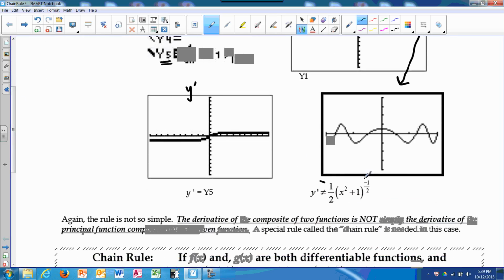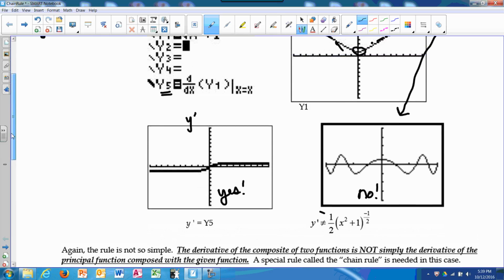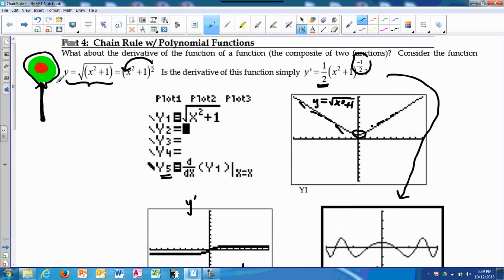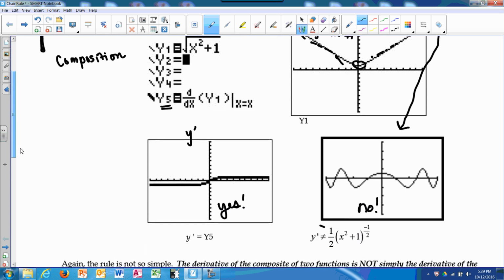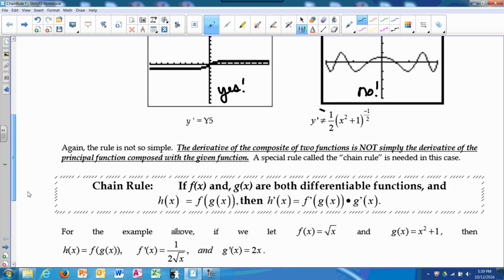This is the wrong one, so this is no, compared to what is the correct derivative. So there's a different rule to use when we have our lollipop or our blow pop, and it's called the chain rule because it involves a composition of functions. This is not a multiplication problem, but a composition problem.